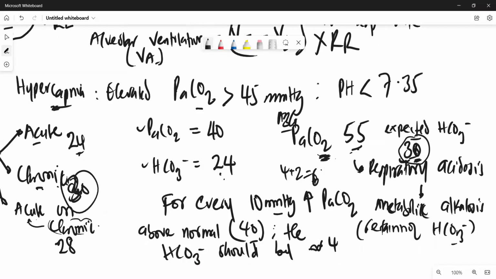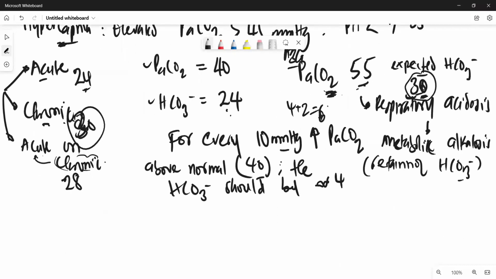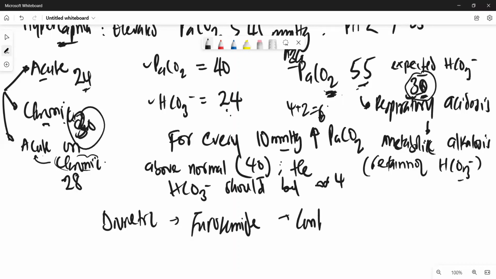And don't forget, you should also bear in mind that we have to look at the big picture of the patient, because sometimes these patients are also on diuretics, for example furosemide, and furosemide can lead to contraction alkalosis.